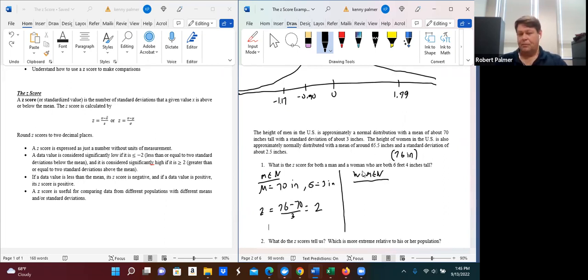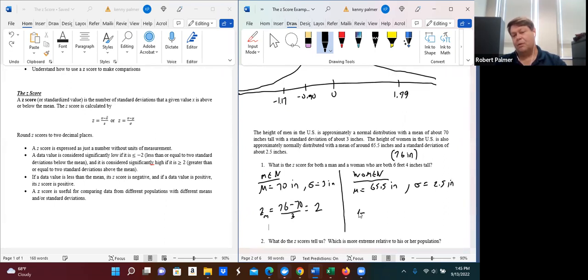If we look at the data for women, the population has a mean of 65.5 inches and a standard deviation of 2.5 inches.